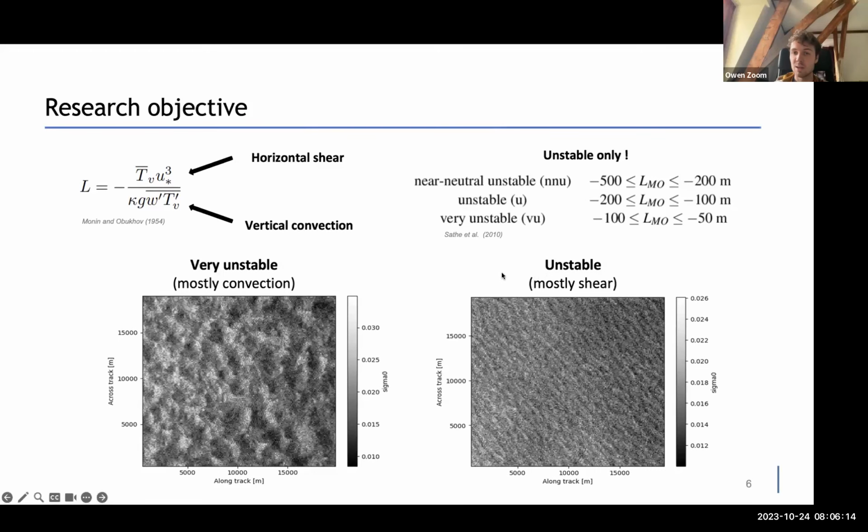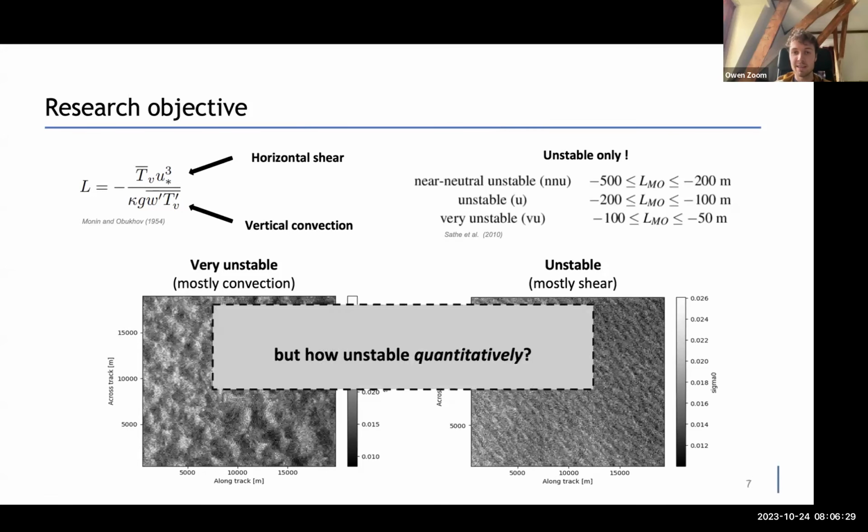Whereas in the scene on the right, it's more shear driven, so the numerator is greater, meaning that we have a greater negative Obukhov length, so it's less unstable. So this is nice because then we can classify it, but we want to do so more quantitatively. So instead of saying it is unstable or very unstable, we would like to pinpoint either the Obukhov length value or another value associated with the textures.